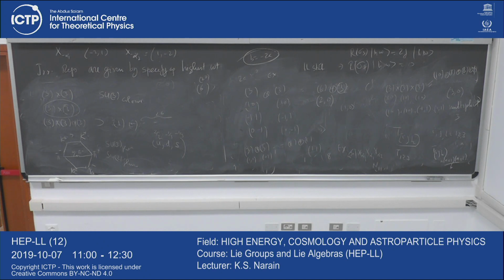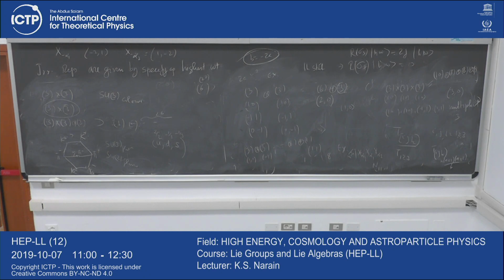Has anyone looked at this reference which is given, Cahn, C-A-H-N? No? Okay, there's one very good reference which people like a lot, which is Georgi's book. Georgi is particularly nice because he's written for physicists. So of course he also discusses weights and roots and so on, but a huge amount of the discussion is physics oriented, unlike some other books you will find which are more mathematically oriented.